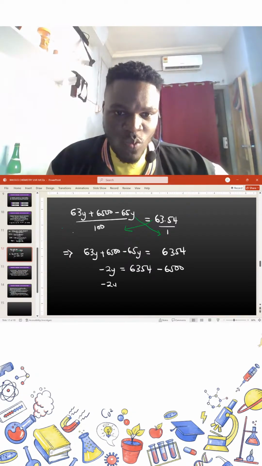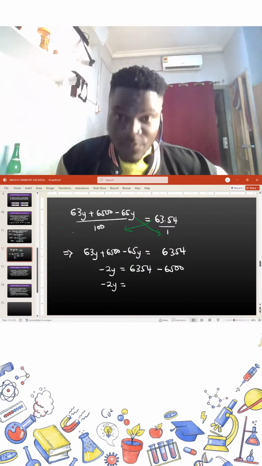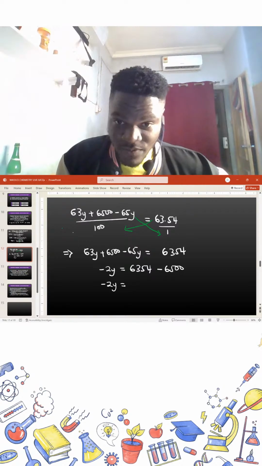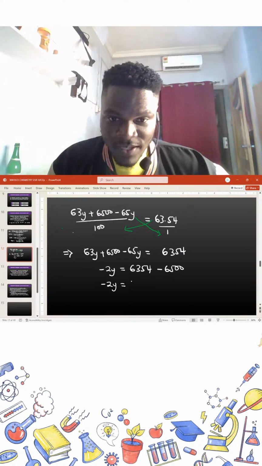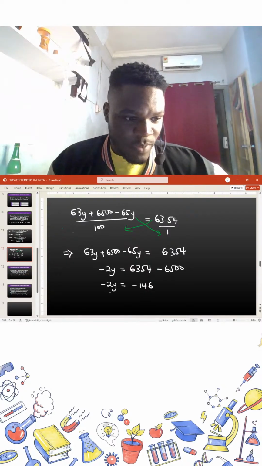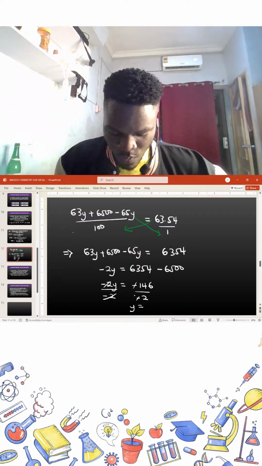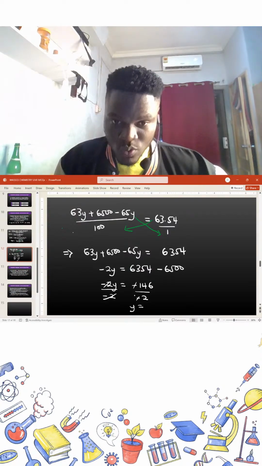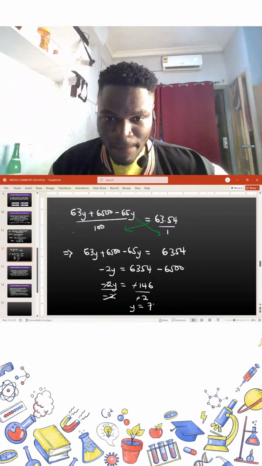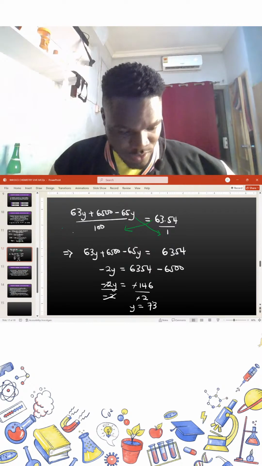So minus 2y will be equal to 6,354 minus 6,500, which will give me negative 146. From here, I divide both sides by negative 2. The negative will cancel this. So y is now equal to 146 divided by 2, which should give me 73. And the 73 becomes my answer to this particular problem.